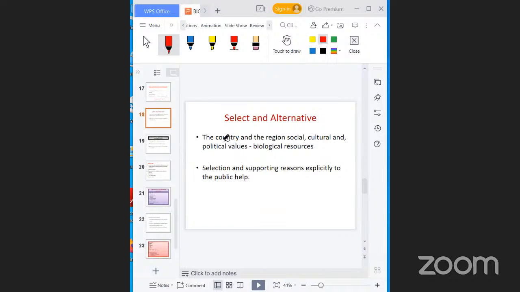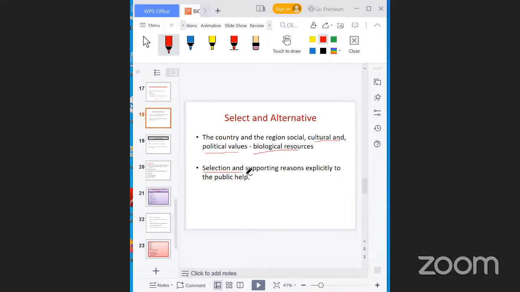So by selecting alternatives, we should recognize the constraints of the country and the region, and social, cultural and political values, right? So the selection should reflect an equitable sharing of the distribution of benefits that are derived from the uses of biological resources, right?